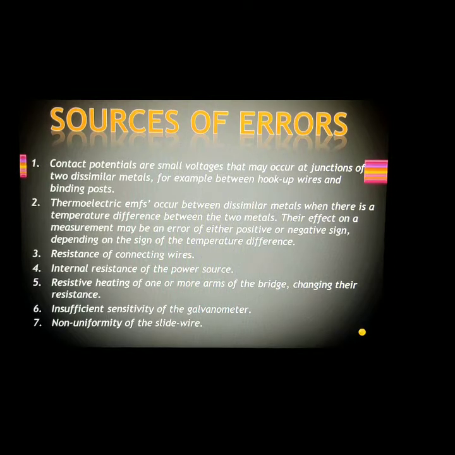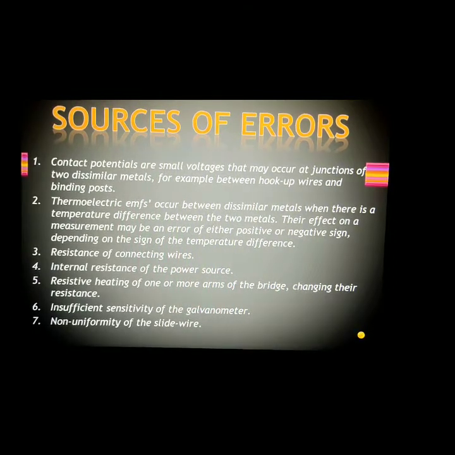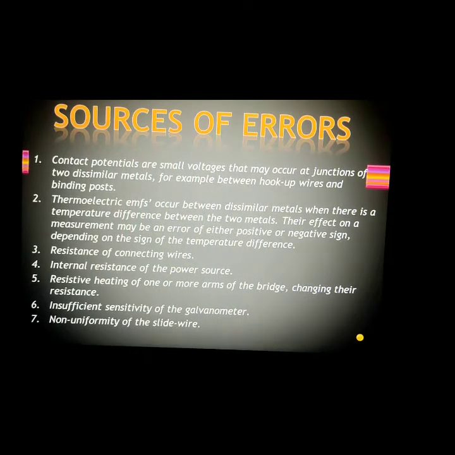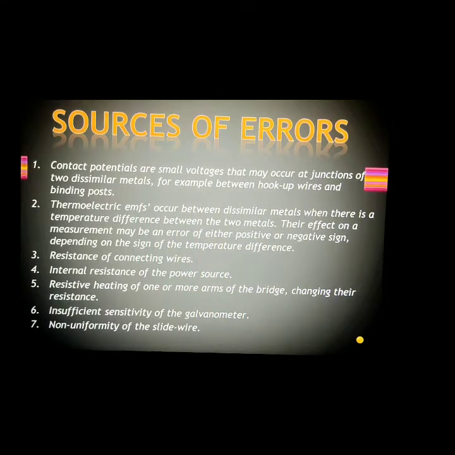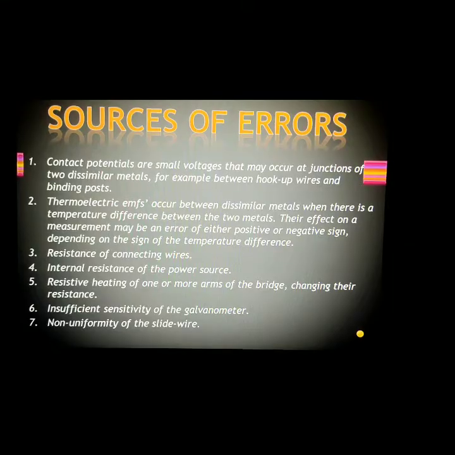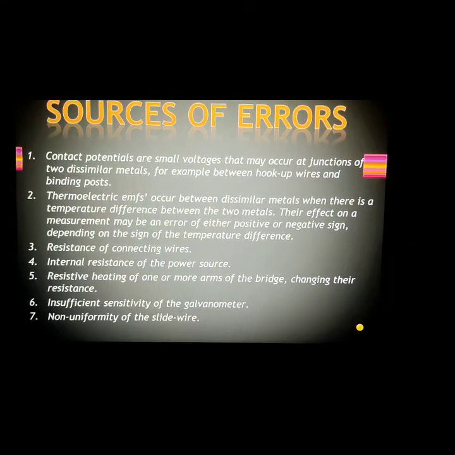We will run through the sources of errors. Contact potentials are small voltages that may occur at the junction of two dissimilar metals, for example between hookup wires and winding posts. The thermoelectric EMFs occur between dissimilar metals when there is a temperature difference between the two metals.